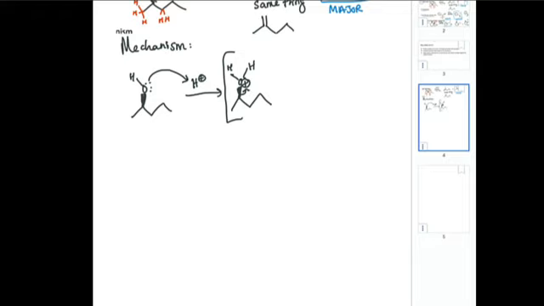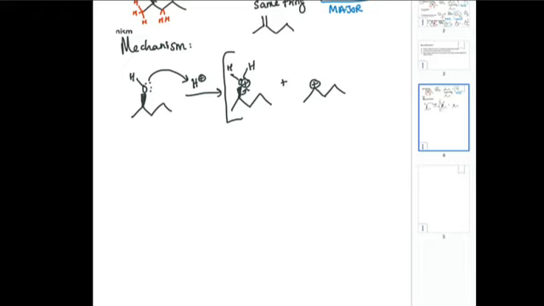Now we have a good leaving group, and that whole entire water molecule can depart, stabilized by the polar solvent system, aqueous H2SO4, and so we can generate the carbocation.